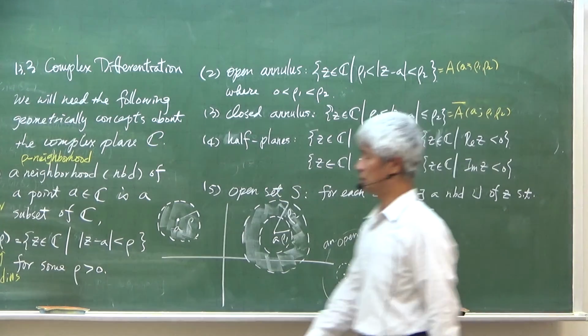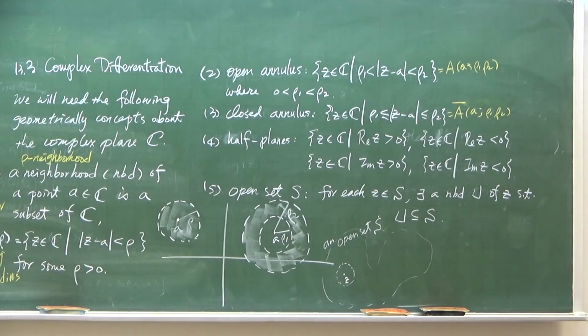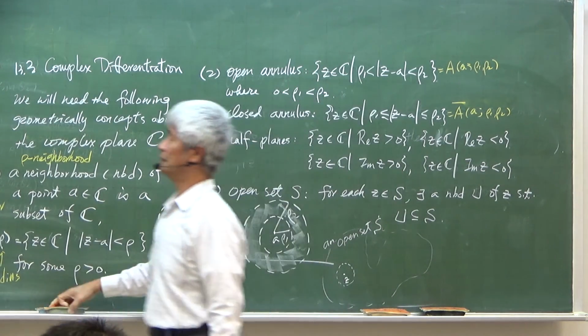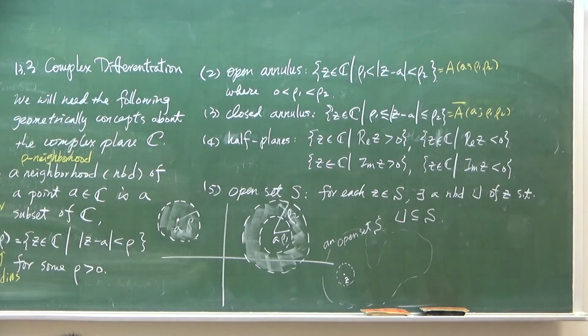So these are all geometric objects. And later on, you will see the open annulus plays an important role in complex analysis.